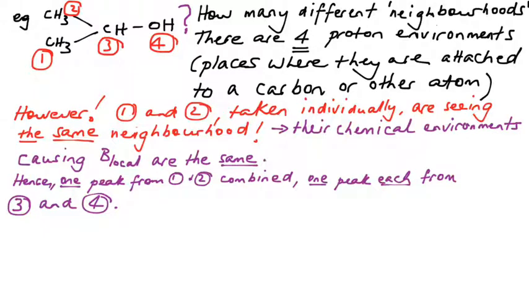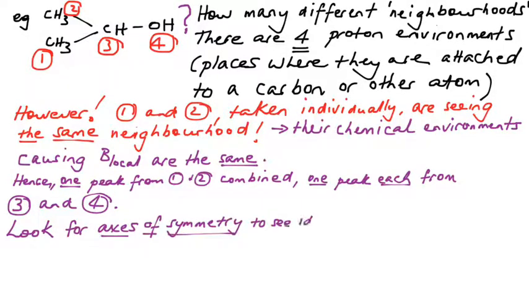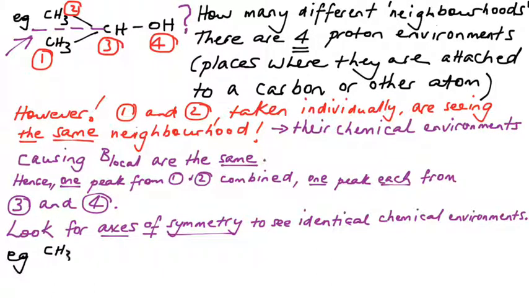Those 2 methyl groups on the left-hand side are the same chemical environment, because the rest of the molecule, as far as they see it, is the same for each other. Yeah, you can look for axes of symmetry to see identical chemical environments. That's the analytical technique. For example, I've shown you the axis of symmetry up there, which means that those 2 methyl groups are actually the same chemical environment.